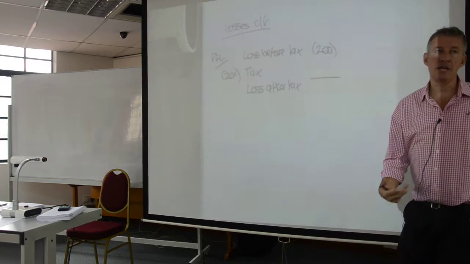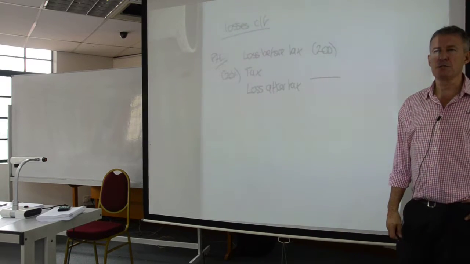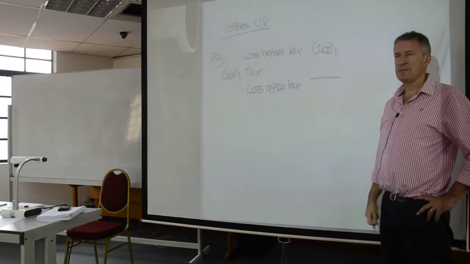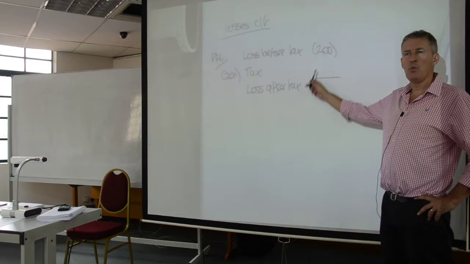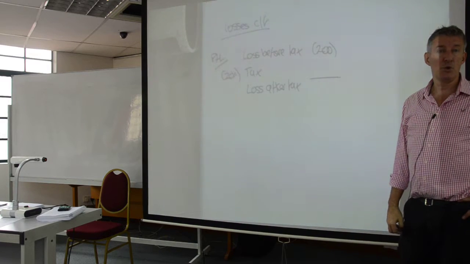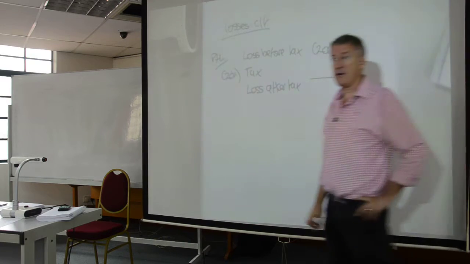All three are technically possible, but what is the most likely scenario if you've got a loss of 240? Is the most likely scenario 1, nil, 2, which is a tax charge, or 3, which is a tax credit? Tax credit, scenario number 3.